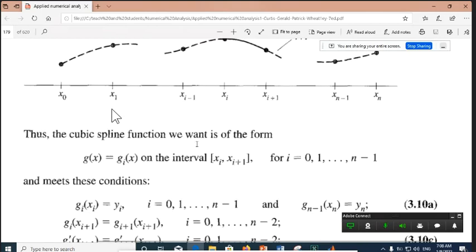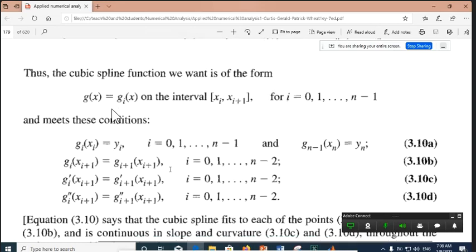We have another property of this cubic spline. Thus, the cubic spline function we want is of the form g(x) = g_i(x) on the ith interval [x_i, x_(i+1)]. We have functions with different formulas that meet these conditions: g_i(x_i) = y_i for i = 0, 1, ..., n-1, and g_(n-1)(x_n) = y_n.